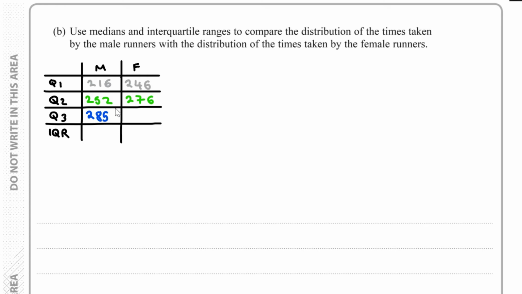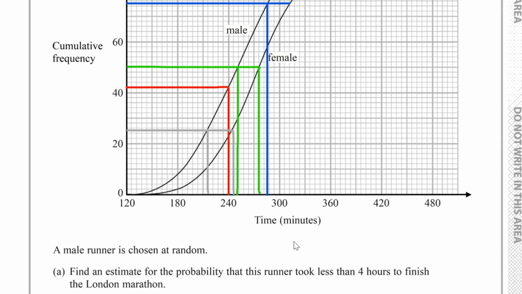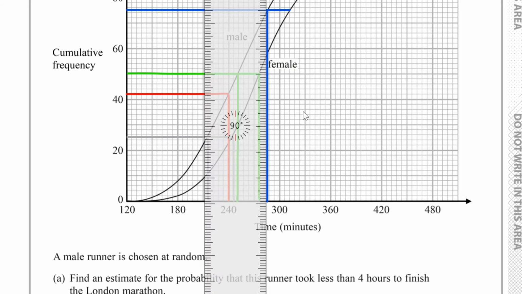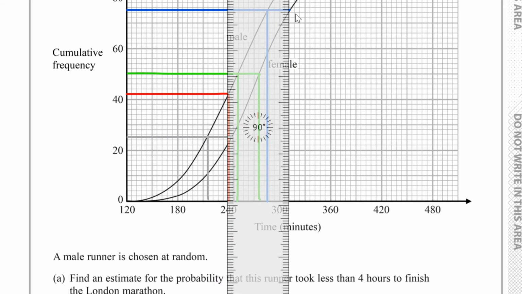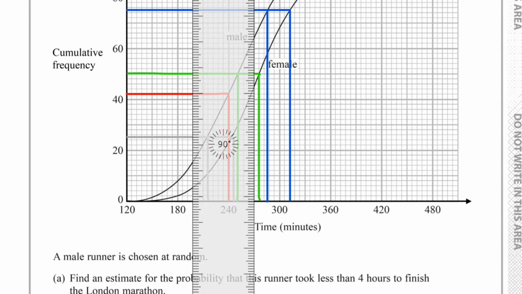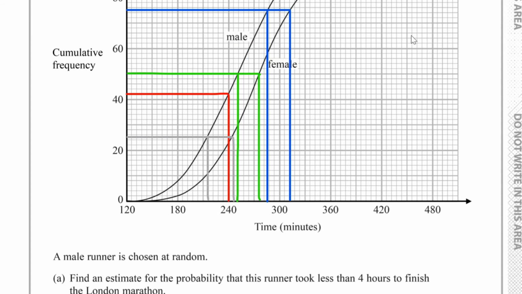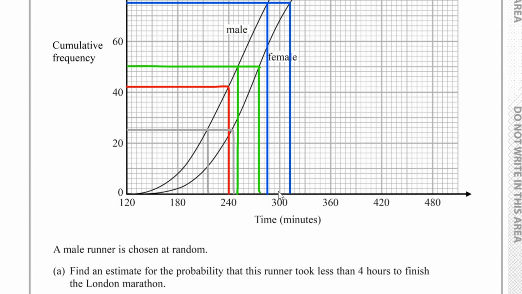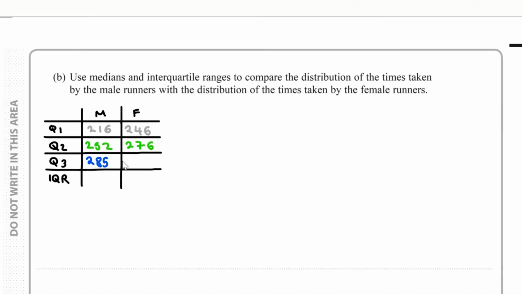and for female upper quartile, let's draw a vertical line down from here. You can see we have 312. Okay, so here we end up with 312. So now with this we can find out what the interquartile range is.